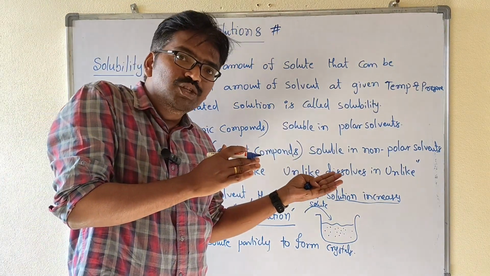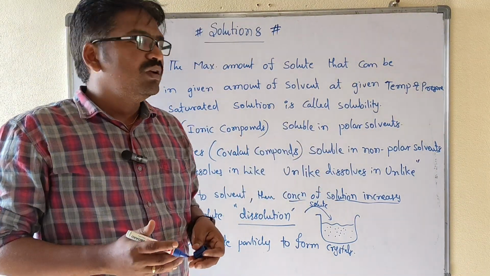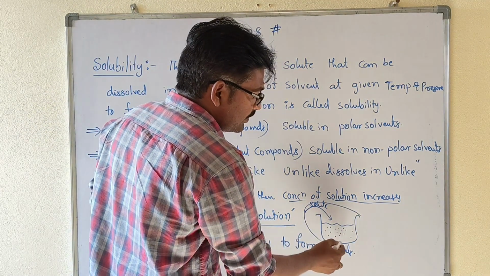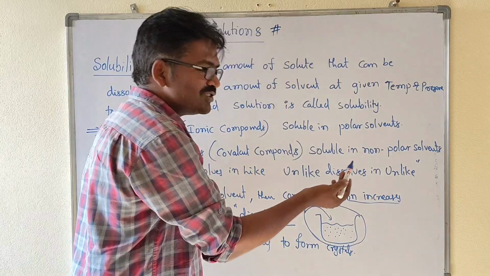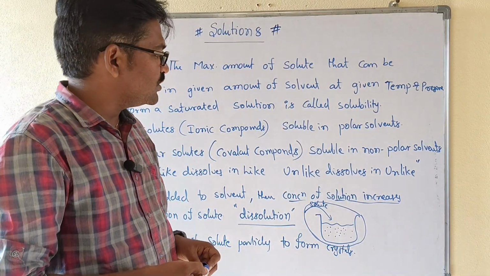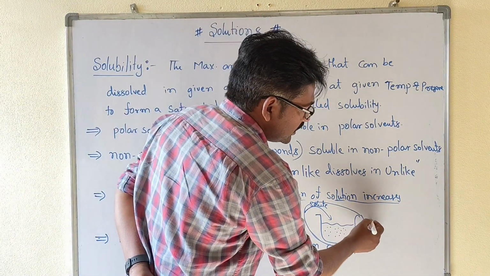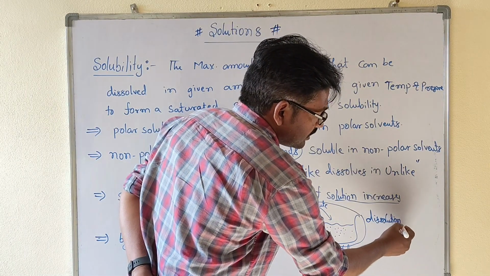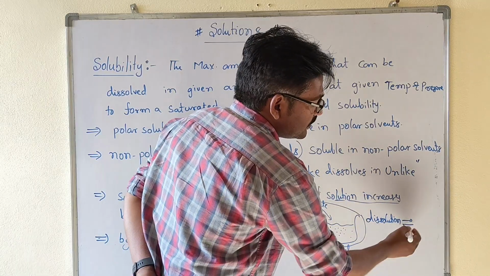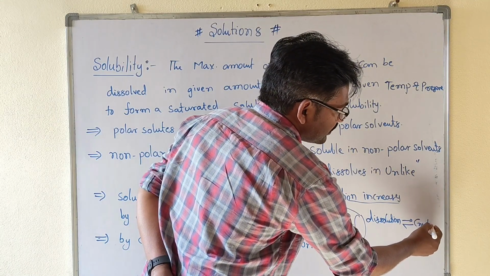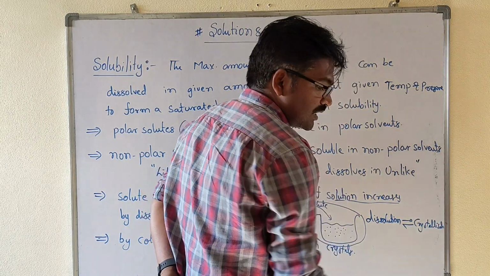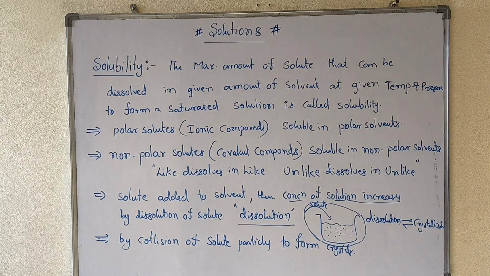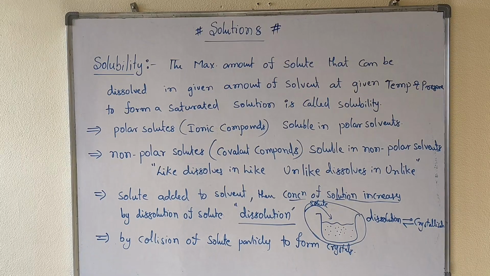So both dissolution and crystallization happen in the solution. That particular state is called a saturated solution. So what must be in equilibrium? Dissolution and crystallization. When both are present in equilibrium, then we call it a saturated solution.